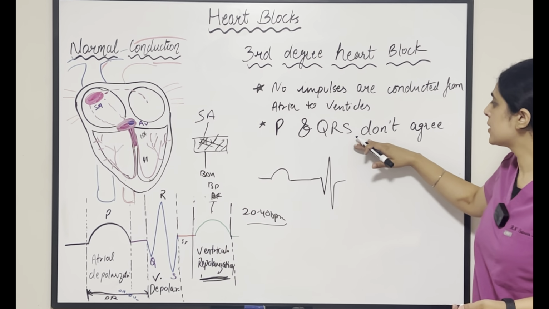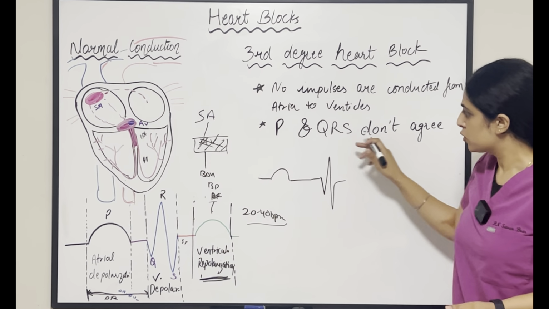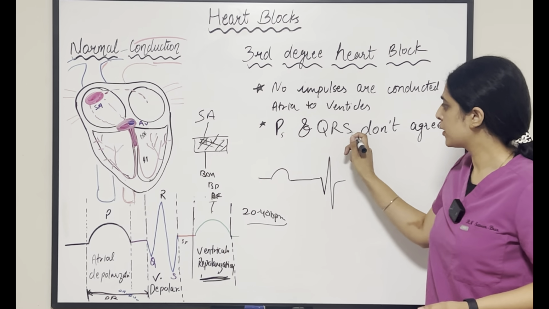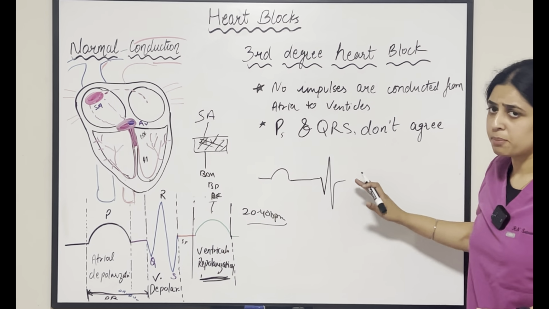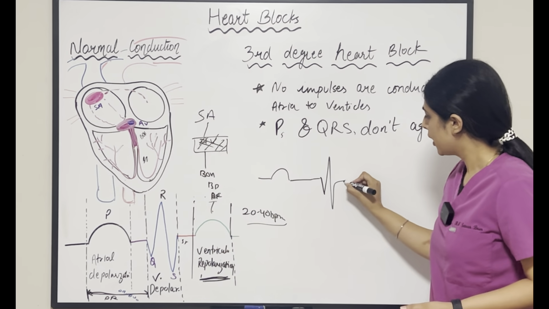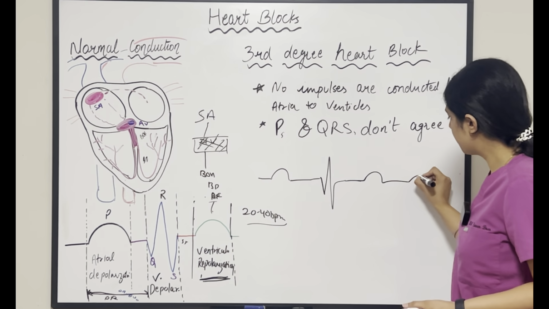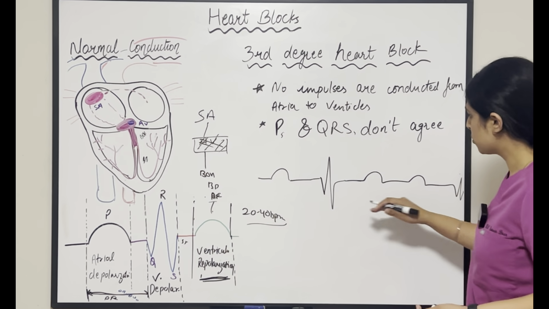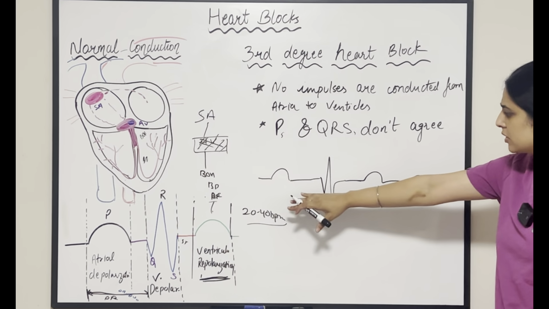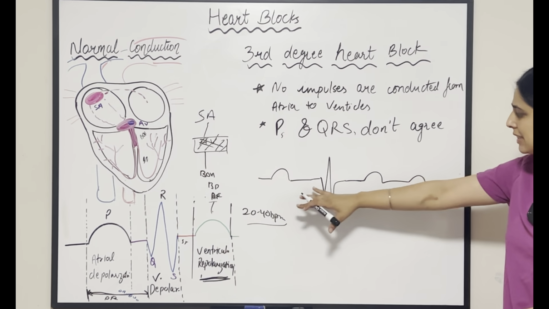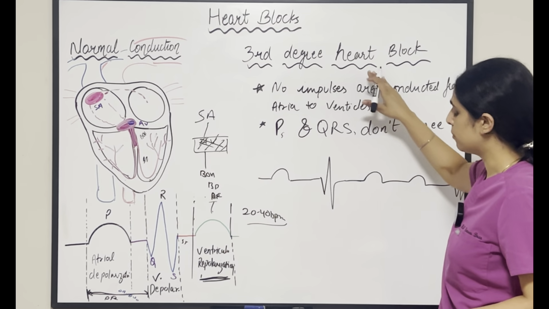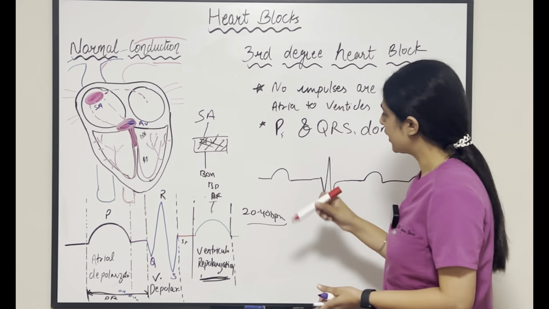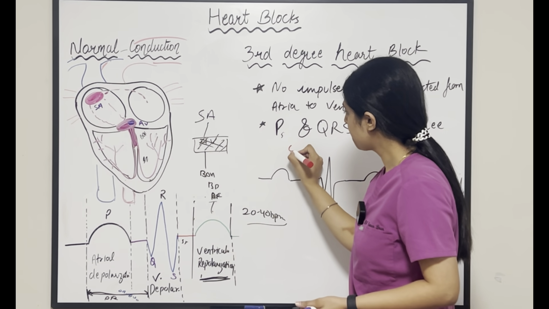P and QRS do not agree. All the P waves and QRS complexes have no relation with each other. If you see that kind of ECG strip, that means your client is having third degree heart block, and third degree heart block is considered an emergency.